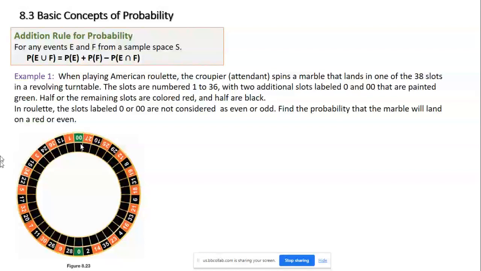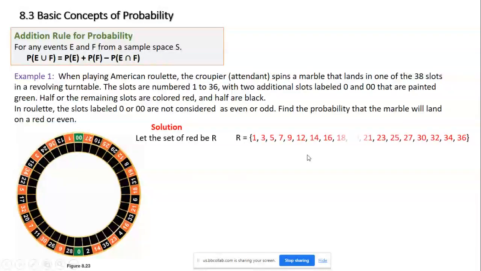First, we need to find our sample space. Hopefully we can see that if we have 36 slots, but we have two additional slots labeled as 0 and double zero, we have a total of 38 little slots that our marble can land in. Now let's look at the event.